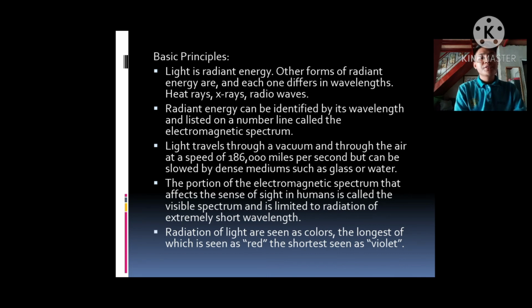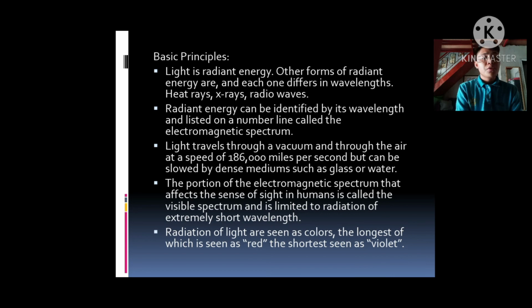Light travels through a vacuum and through the air at a speed of 186,000 miles per second, but can be slowed by dense mediums such as glass or water. This principle says that when light travels in air, it moves at 186,000 miles per second, but when light travels in glass or water, its flow becomes slower.